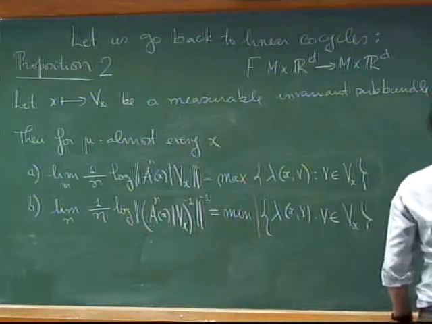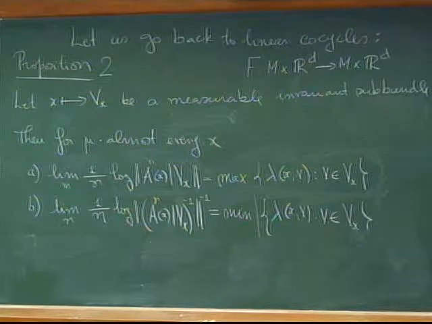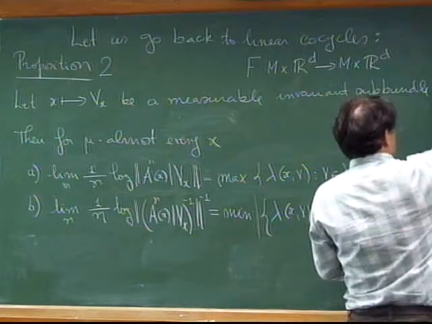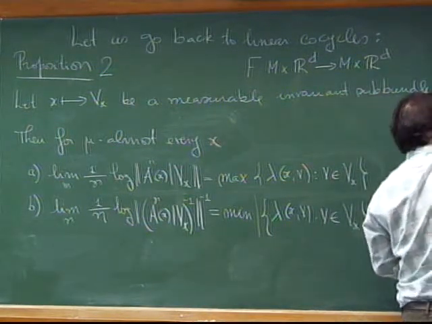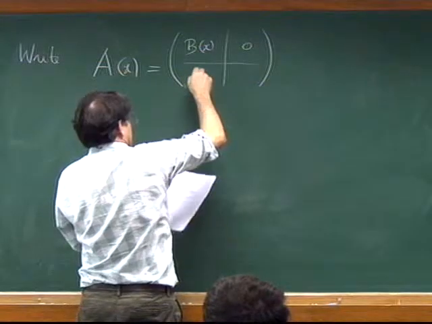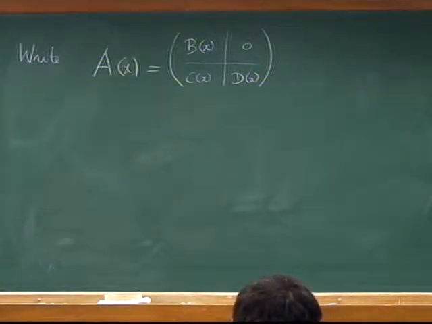So here's what I'm going to state now in this situation. We're going to write the matrix A in this form: B of x, 0, C of x, D of x. I'm going to explain this.